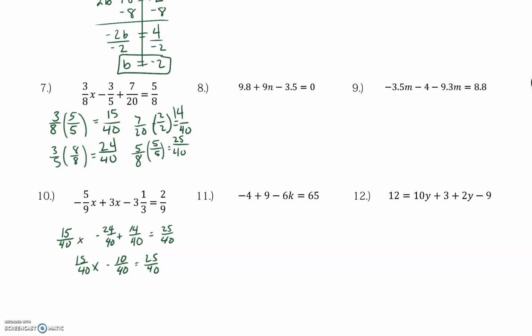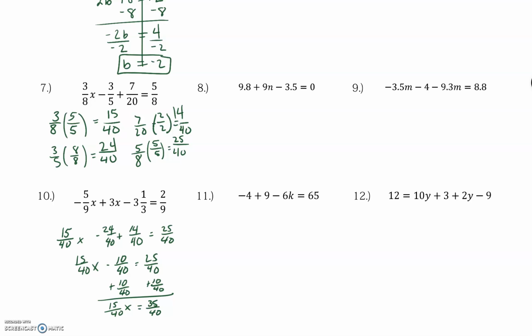Then I'm going to add 10/40. So I have 15/40 x equals 25/40 plus 10/40, which would be 35/40.